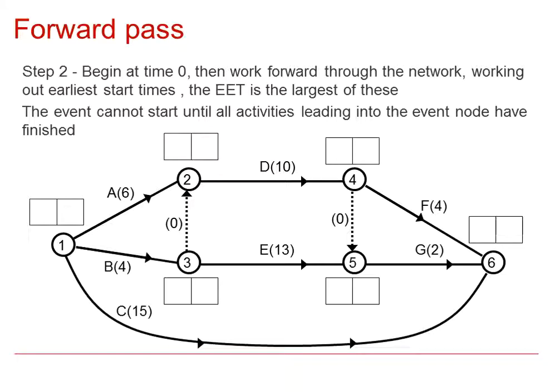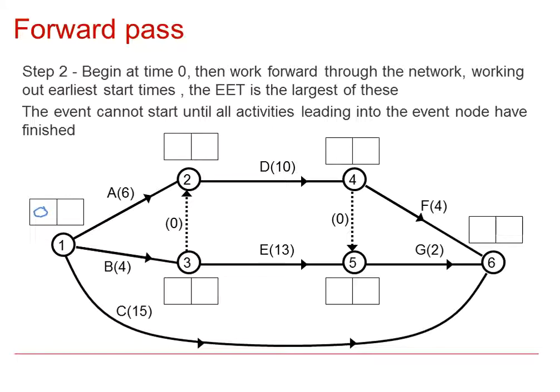So we say that the project will start at time 0, so the left-hand box for the first node will always have a 0. You can then see that activity A takes 6 units of time, and so therefore node 2, which shows that A is completed but also B completed, will have at least a 6 in there.